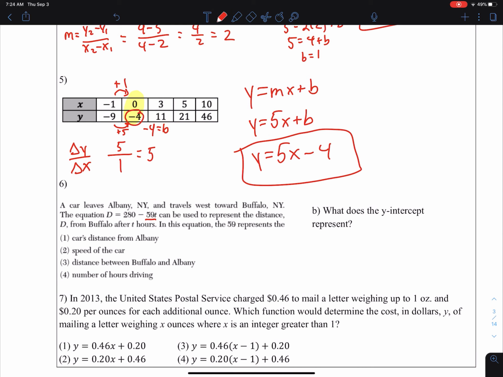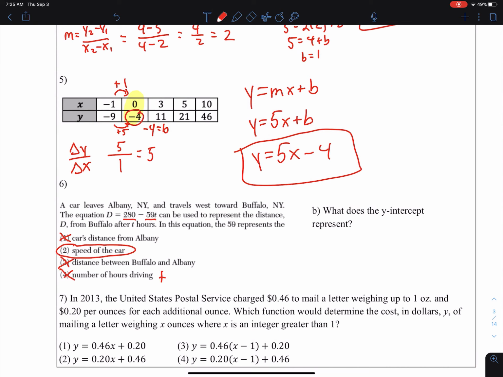So if I take a look at this, the car's distance from Albany, that's not going to be the case. Then let's take a look at, so speed of the car, that could be it. How about 3, distance between Buffalo and Albany? So that's how far we're starting away, which is actually 280, so that's not going to be the case. Number of hours driving, no, that's t, that's not the case, so it would be the speed.